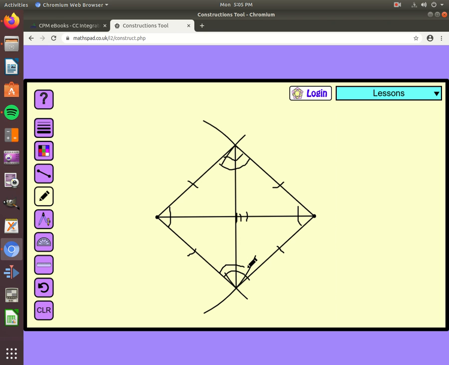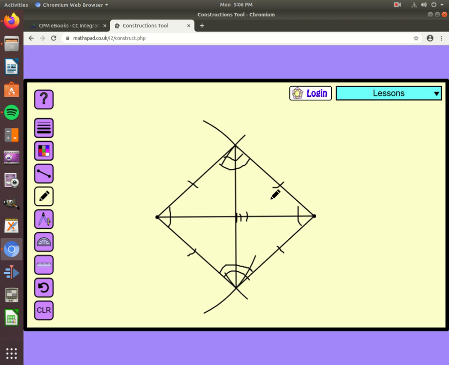If you look at what we have right here, we have 4 congruent triangles: 1 tick, one side, 2 ticks, and so on around. So I have 4 small congruent triangles right here.